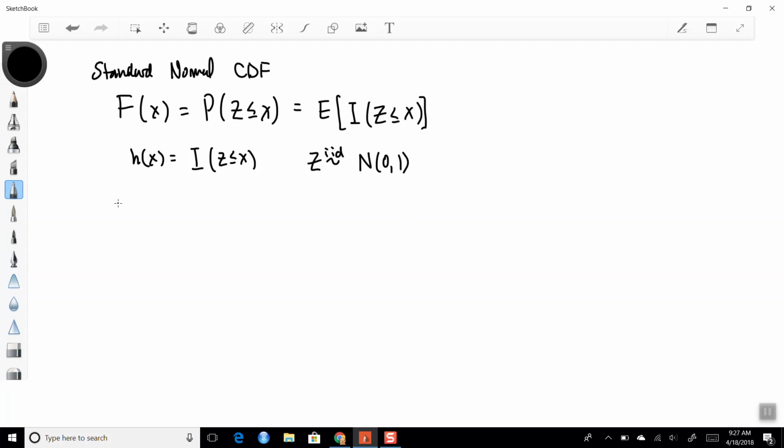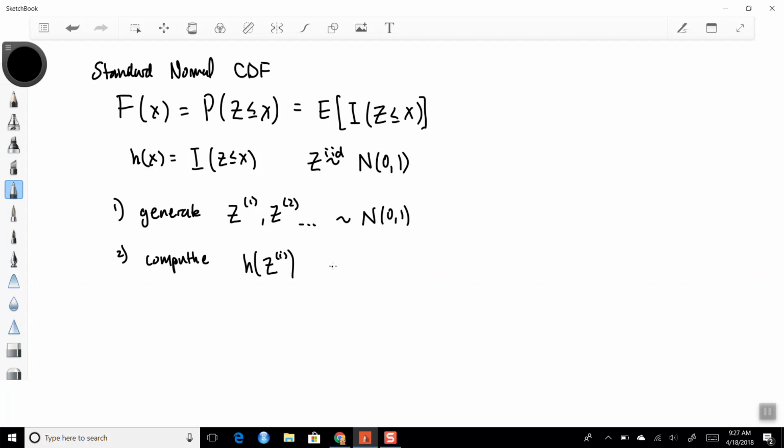Basically what we'll do is generate z1, z2, etc., from normal 0, 1. Then we compute h applied to our standard normal, which will be 1 if z is less than or equal to x, 0 if z is greater than x, and then we take the sample mean of all those zeros and ones.